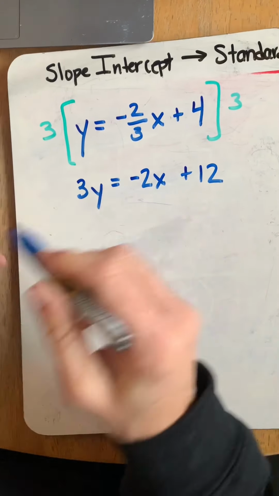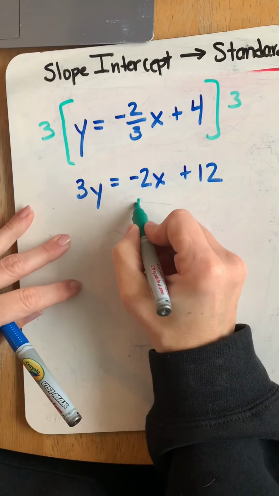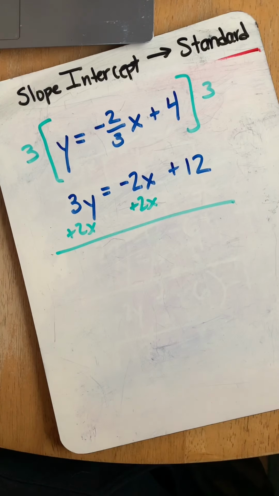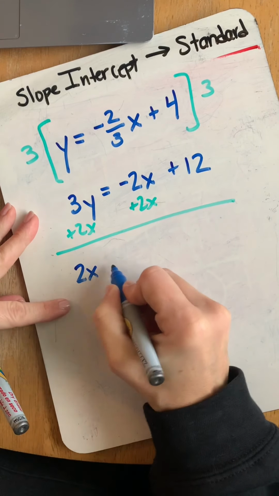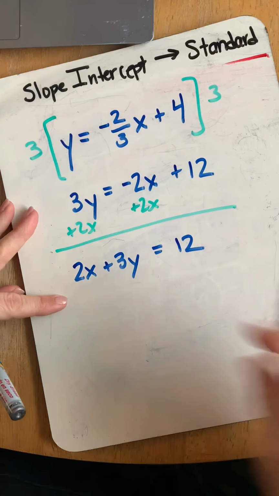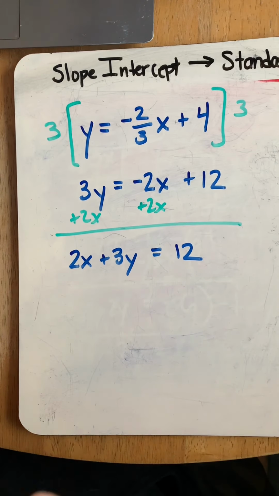Okay, now I want to get the x on the other side. So I'm going to add 2x to both sides. Let's put the x term first. 2x plus 3y equals 12. Double check, make sure your front term is positive. As long as it is, then you're good to go and you got it.